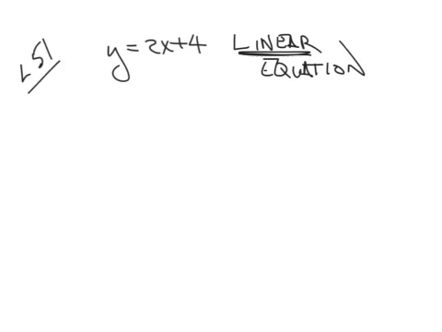Always, whenever you do not have an exponent except 1 on the x or the y, you get what's called a linear equation, which means when you graph all of the possible answers for x and y, you will get a straight line. So actually what I say is it's drawing a picture of that equation, and it will give you a straight line. So let's get a graph on here.